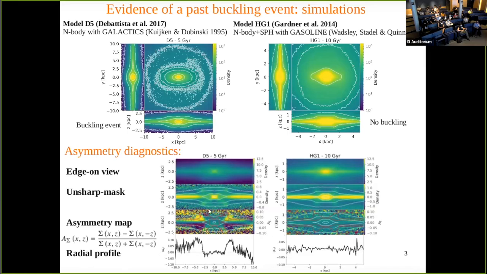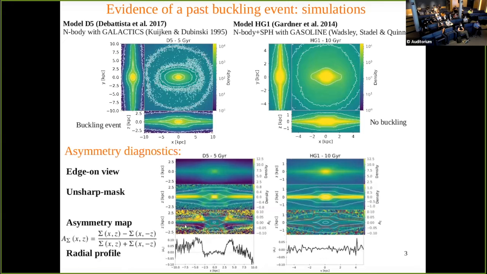Then we build the asymmetry map by subtracting from the edge-on image the same image after rotating it by 180 degrees and normalizing. This allows us to identify the region that hosts an asymmetric distribution of the particles, which are located just outside the X-shaped region.